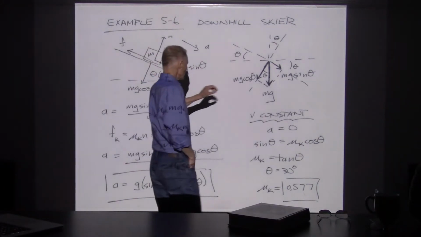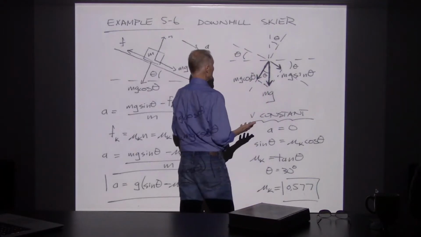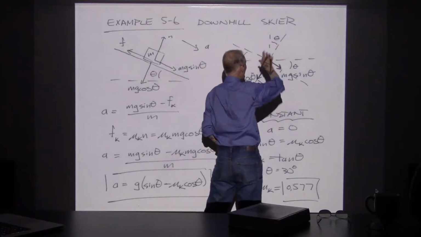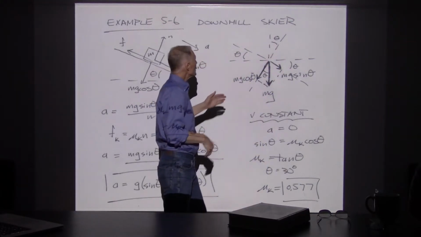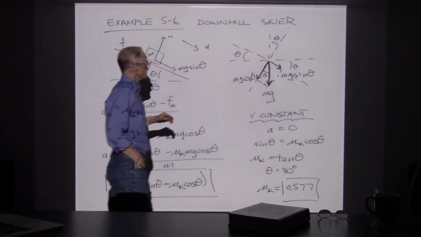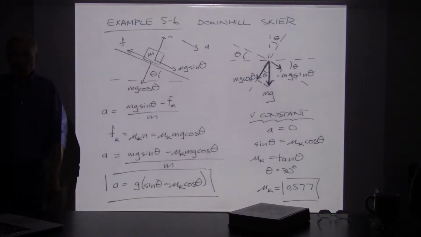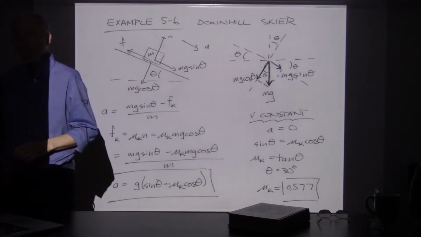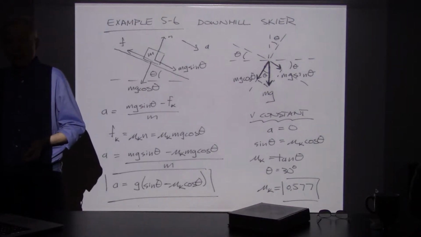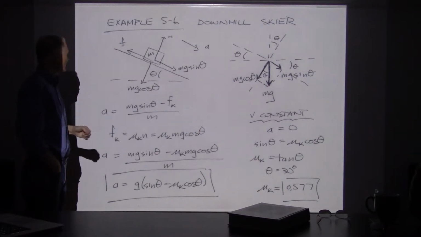Again, the diagram here is showing how we've taken the horizontal vertical coordinate system and rotated that to create a new x, y coordinate system that now aligns with the slope of the incline. So for objects on inclines, almost always, not always, but almost always, it's going to be easier and more convenient to set up a coordinate system that aligns with the incline itself.